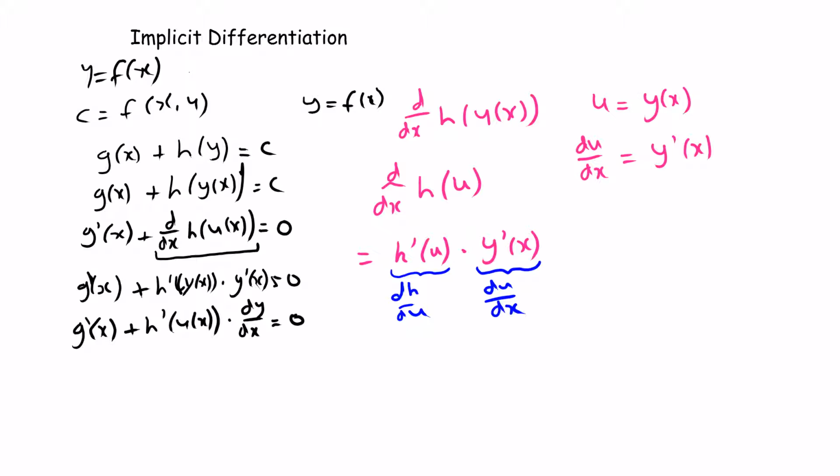And then if we wanted to find out what dy by dx is, we would make dy by dx the subject. So take away g prime of x, that equals negative g prime of x, and then we would divide by h prime of y, and we can lose the fact that y is a function of x because we're not bothered about that anymore.